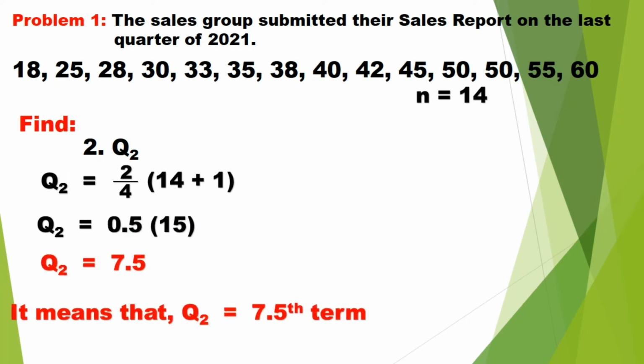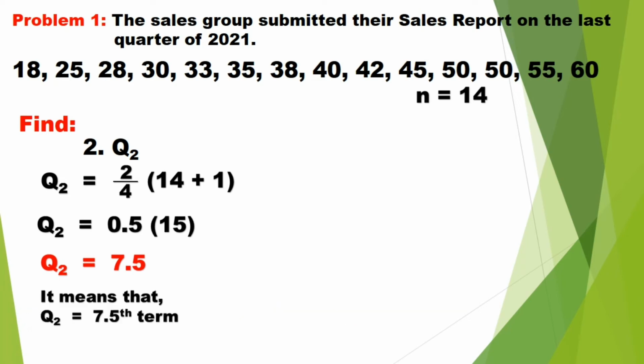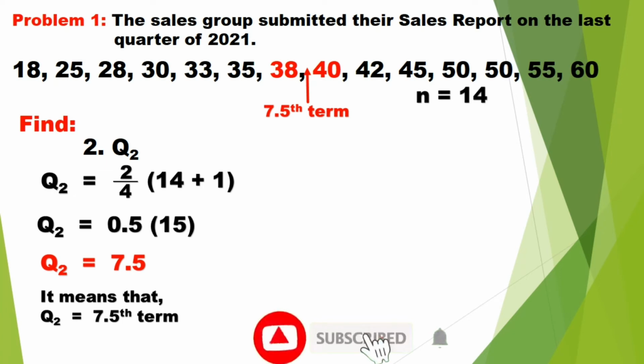It means that the quartile 2 is located on the 7.5 term, or it is between the 7th term 38 and the 8th term 40. Again, in this situation, we need the process of interpolation, getting the exact value between 38 and 40.